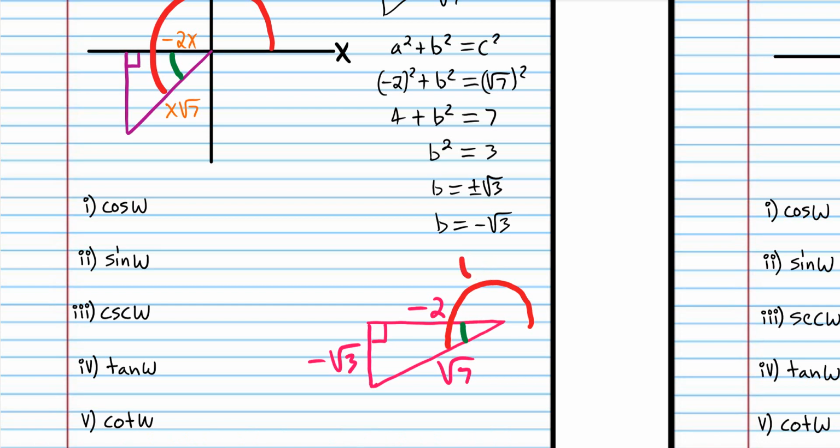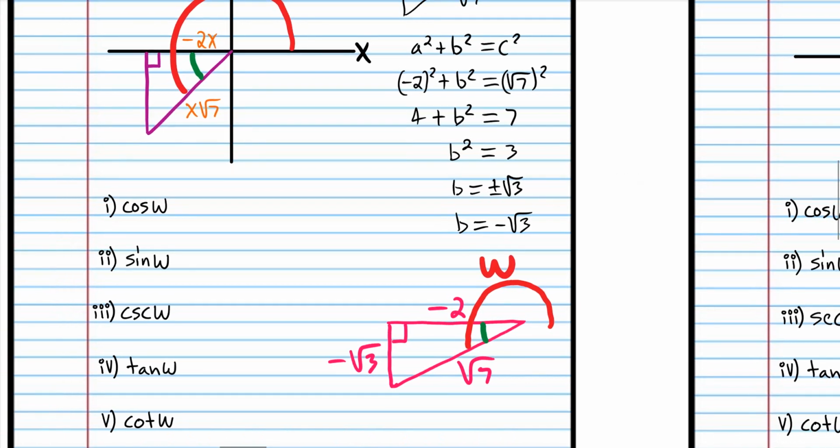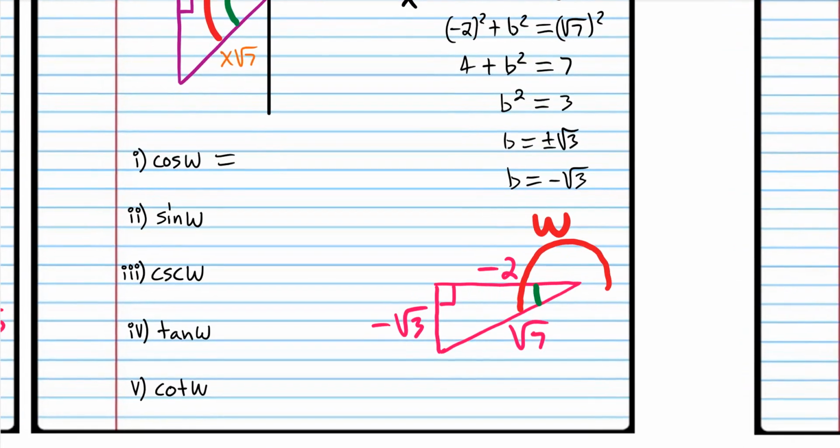We're just doing this so you can see what's going on. So cosine omega is the adjacent side to the green reference angle divided by the hypotenuse. Multiply both sides by root 7, and we rationalize the denominator.